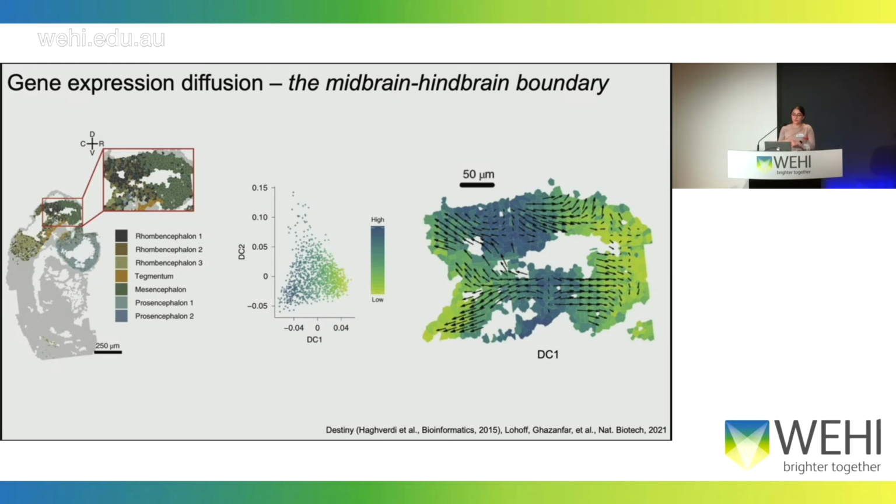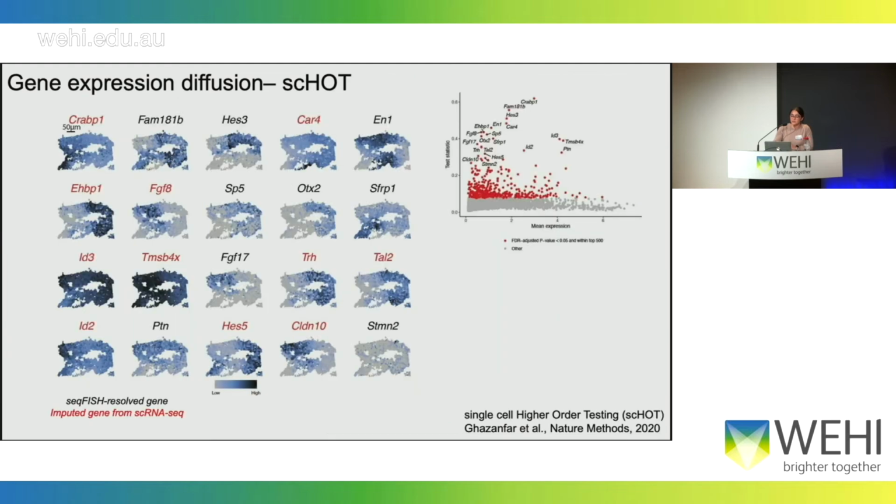Of course, diffusion components come from many different genes. Following on from that, we used a computational technique that I developed at the beginning of my postdoc called SHOT, single cell higher order testing.